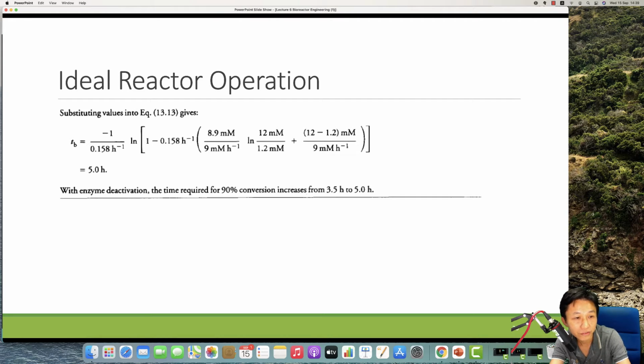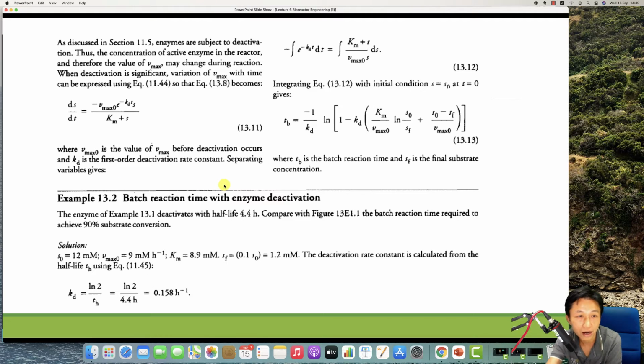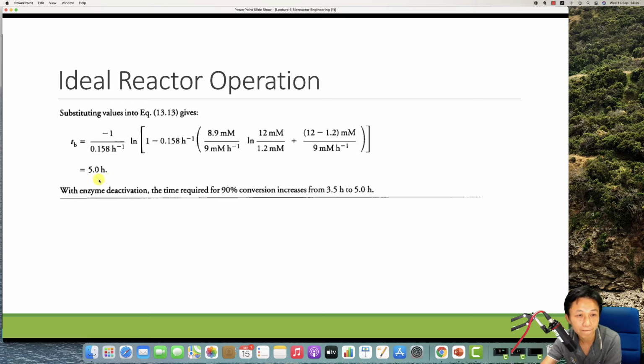With enzyme deactivation, the time required for conversion increases from 3.5 hours in this figure to 5 hours from this equation.